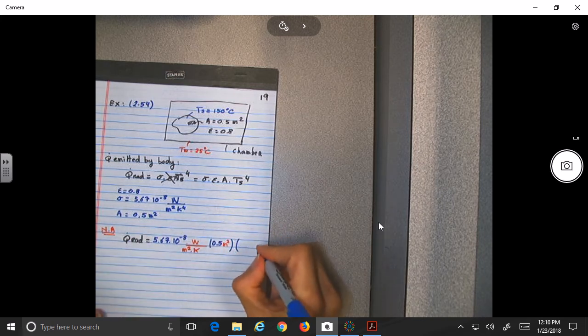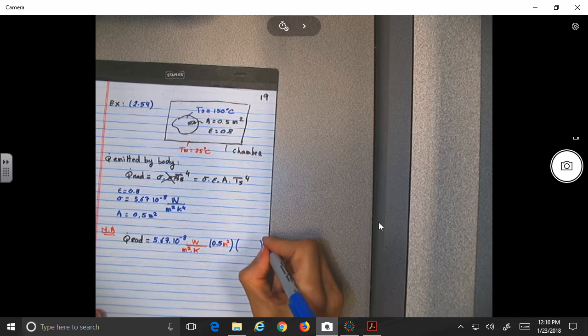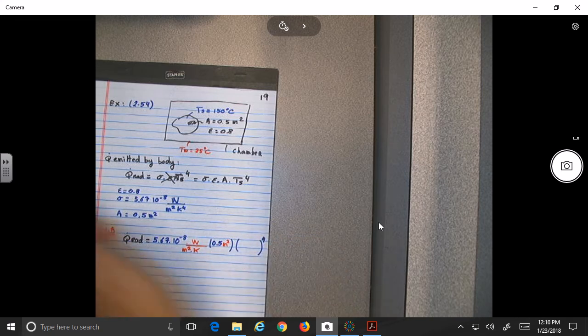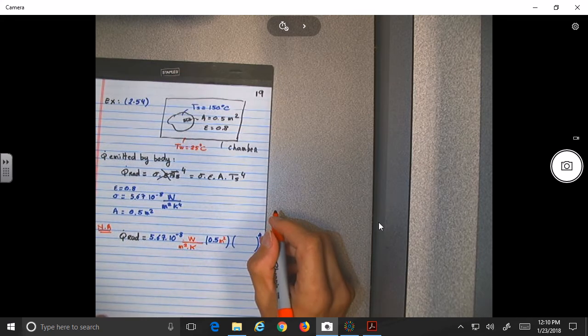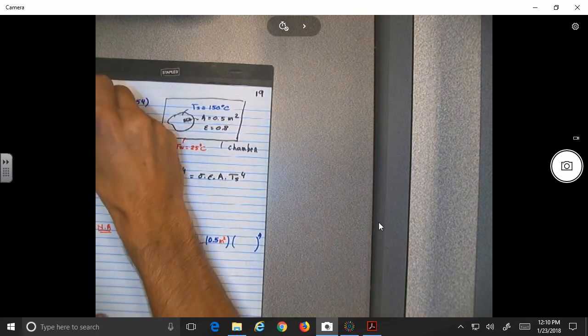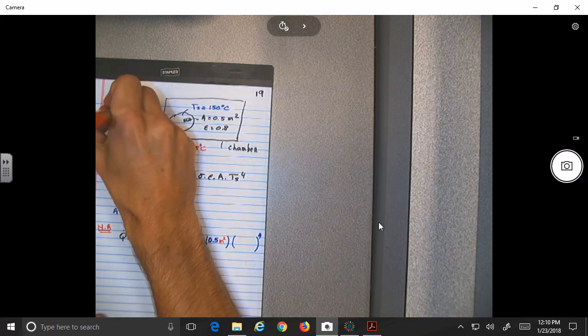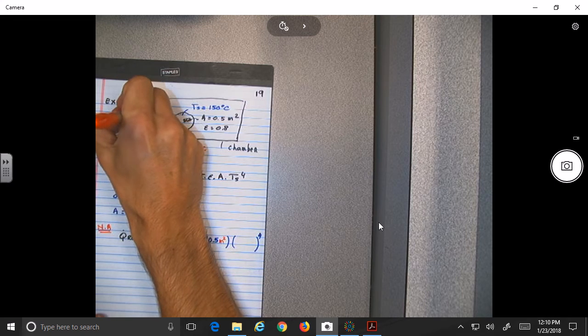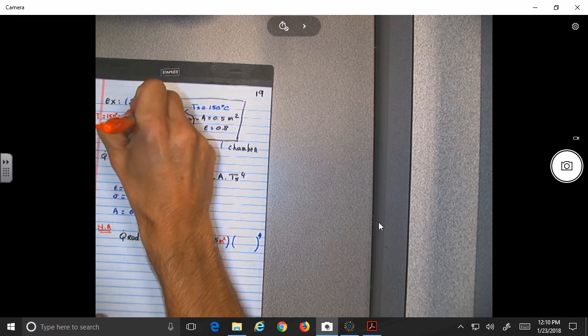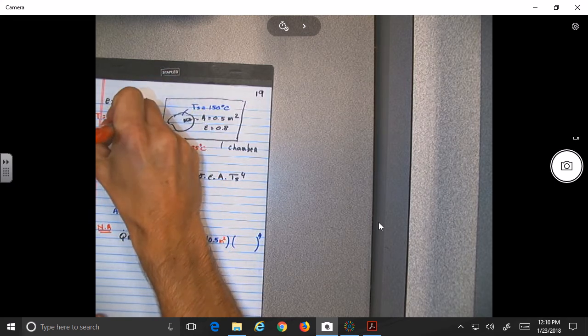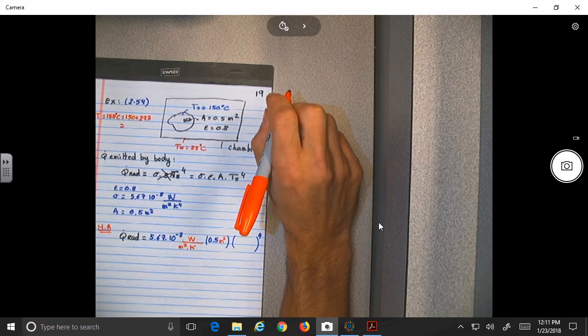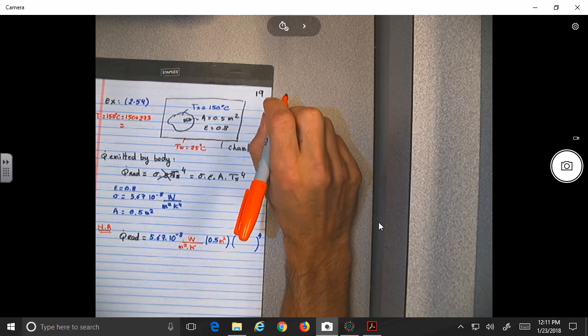Oh, now we need to be careful here. What are we going to have? Temperature in Kelvin. So we have T equal 150 degrees Celsius equal 150 plus what? 273. Would that be equal to 423?